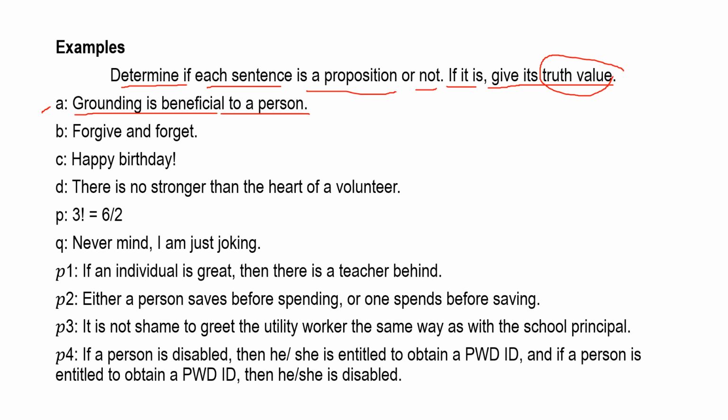So it is a proposition, no? And since research says it's true, then its truth value is true. Again, we used some research and proved that this statement is true. Meaning to say, we can consider this one a proposition because it is a true statement based on research. That's why the truth value in letter A, in proposition A, is true.